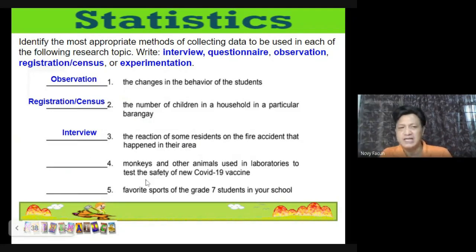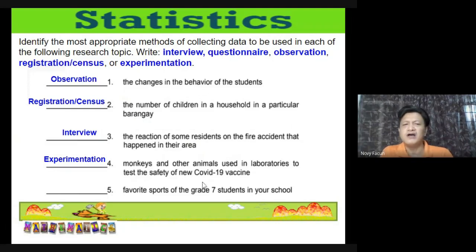So, tatanungin mo sila. Next, number four, monkeys and other animals used in laboratories to test the safety of new COVID-19 vaccine. So this is experimentation, di ba? So meron diyang experiment na ginagawa dyan sa laboratories. Okay, to be effective.